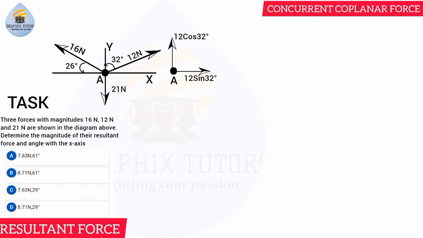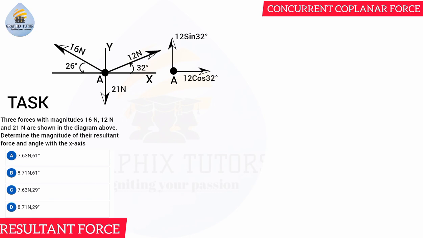Is that okay now? So let's go back to our question. Since it is inclined to the horizontal axis, the angle is between the inclined force, the 12 Newton, and the x-axis, so the vertical component is 12 sine 32 and the horizontal component is 12 cos 32.